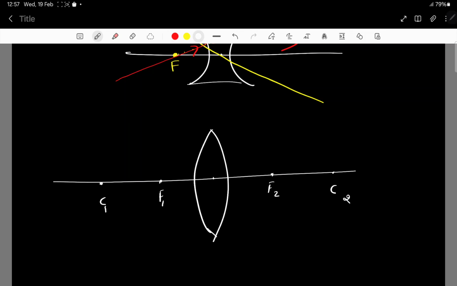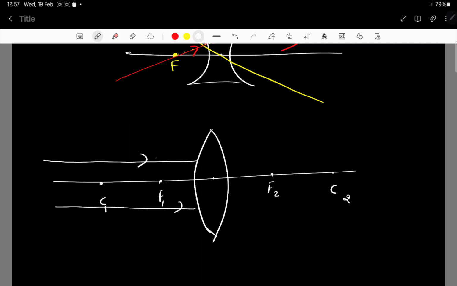If any object is placed very far away from the convex lens, whatever light rays are coming from the object appear to be parallel to the principal axis.